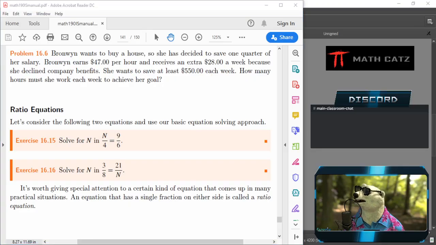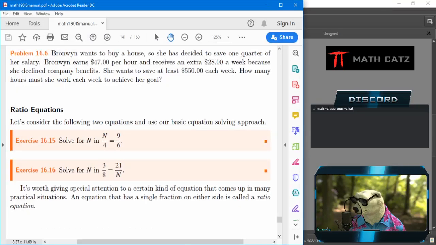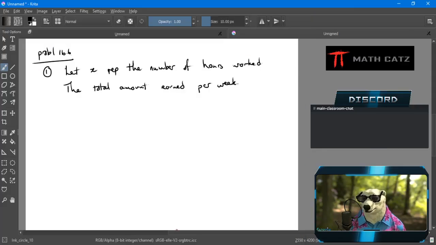So maybe I want to write down the total amount earned per week. Well, they're talking about a week, and 550 a week. Everything's in a week. How many hours should she work a week? Okay, so the week is my time frame here. That makes total sense.